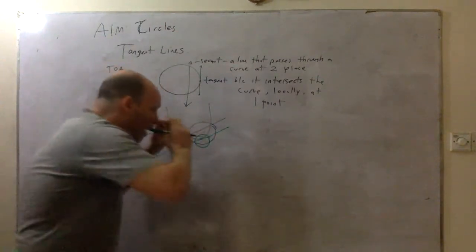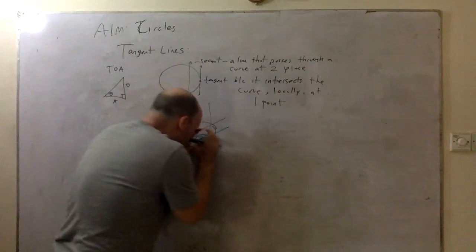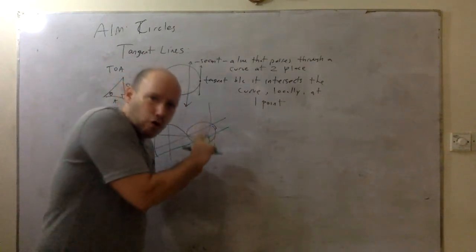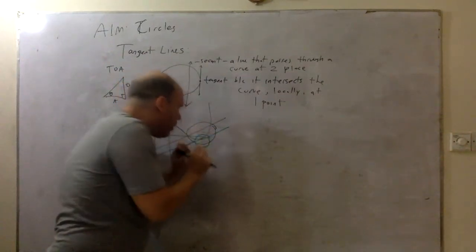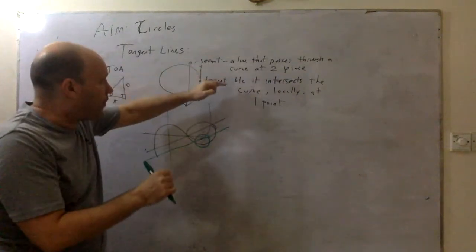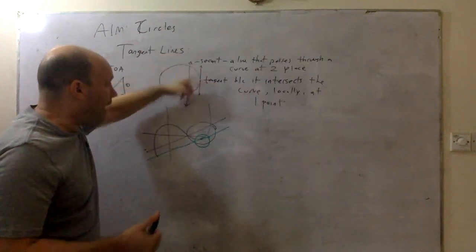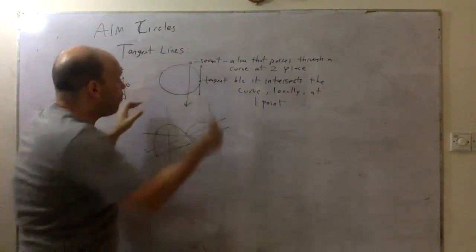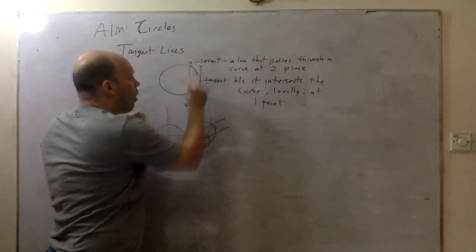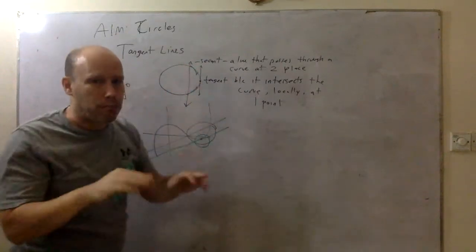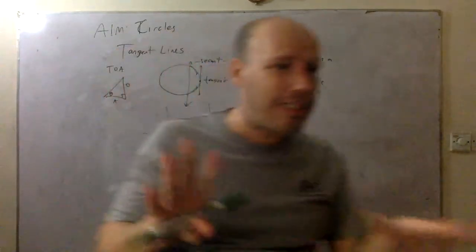Once I take a microscope in here, does the line touch the curve at 1 or 2 places? That's the idea of the tangent versus the secant line. And if you think about it theoretically, the tangent line is a secant line where both points end up at the same location. A little advanced right now, but that's the idea.